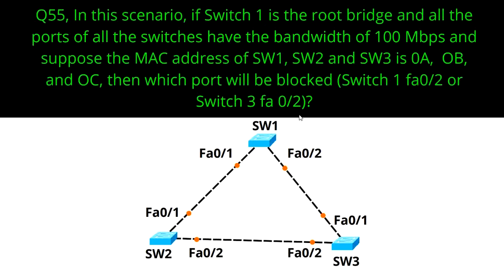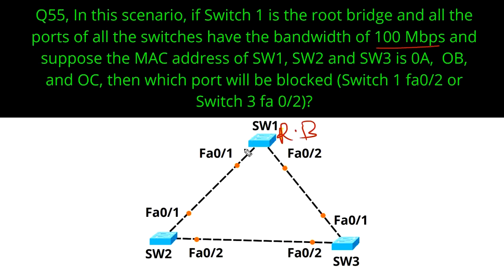After that, let me move on to the last question, and this is a scenario based question, right? In this scenario, switch 1 is the root bridge switch. Let me change the color of my pen. This is my root bridge switch, okay, and all the ports of all the switches have a bandwidth of 100 Mbps.